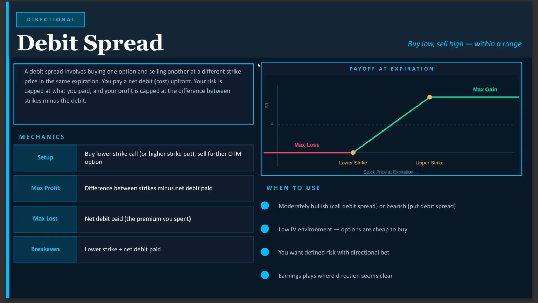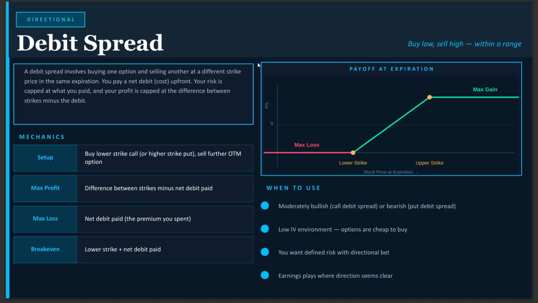So we like to trade debit spreads in either a bullish environment or a bearish environment, depending on your directional bias, right? It's very similar to just buying puts or buying calls. But what debit spreads allow you to do is buy calls and puts and be directionally biased without having as much upfront cost, right?